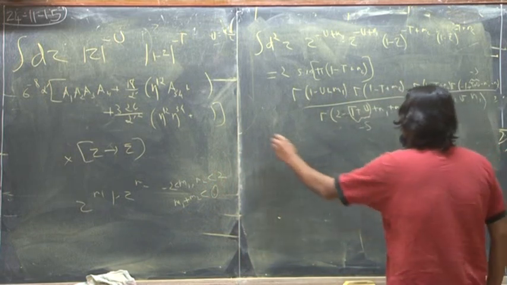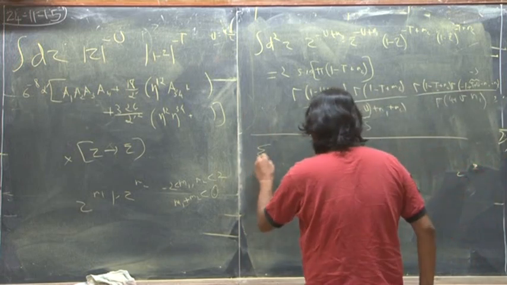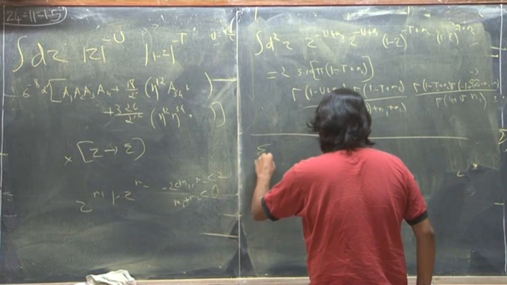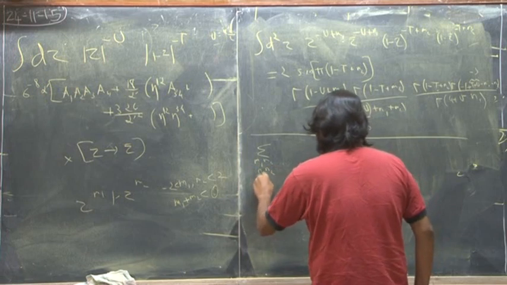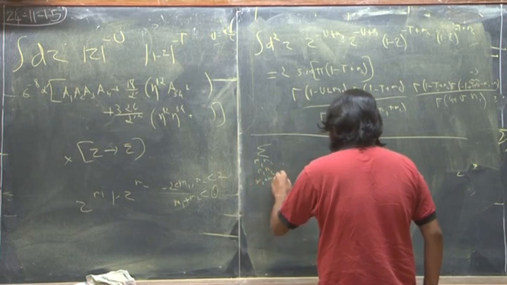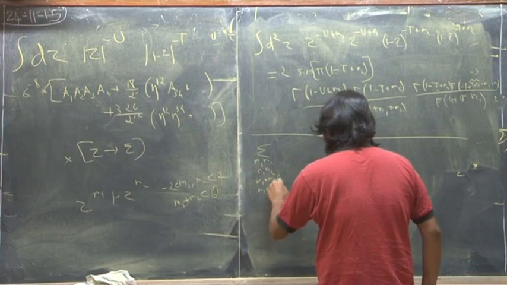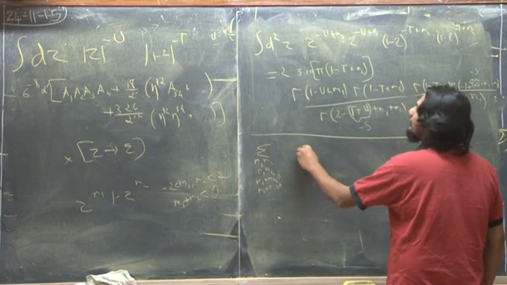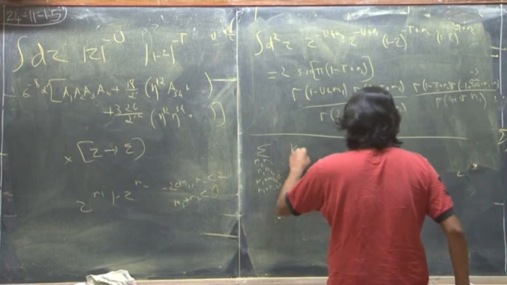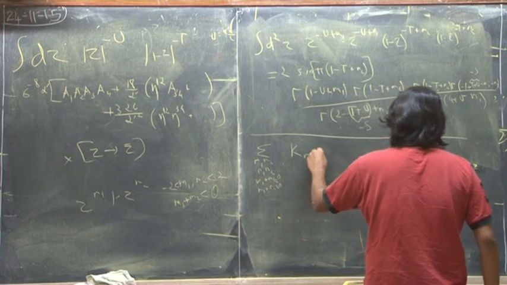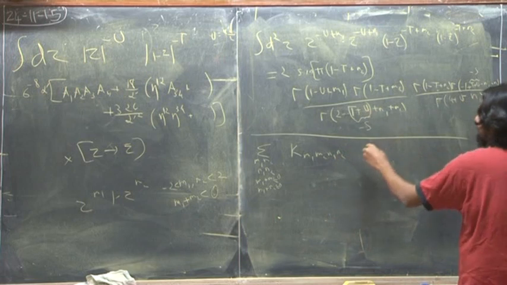So, anyway, the final answer for the gravitational amplitude is a sum over m1, m2, n1, n2, with m1, m2 less than 0 and n1 less than 0, of what I'm going to call K of m1, m2, n1, n2, times this guy.